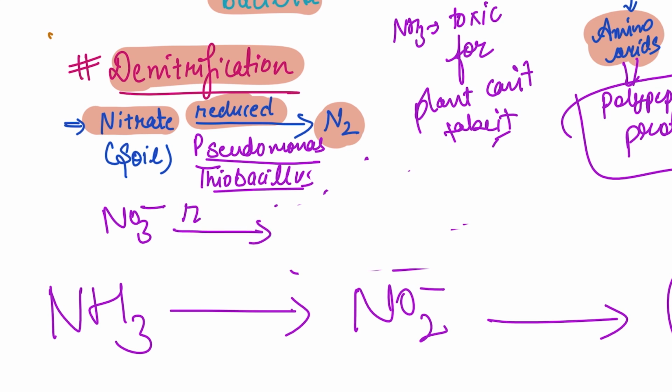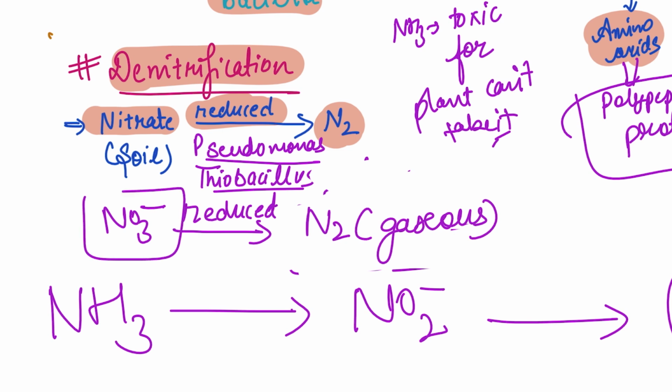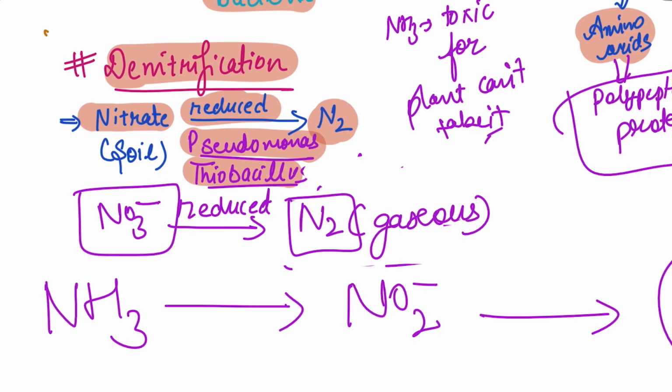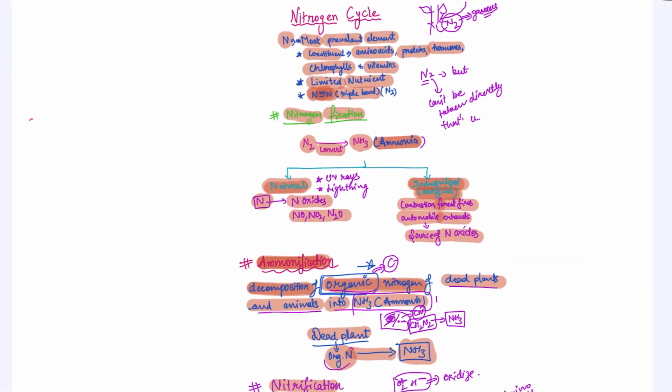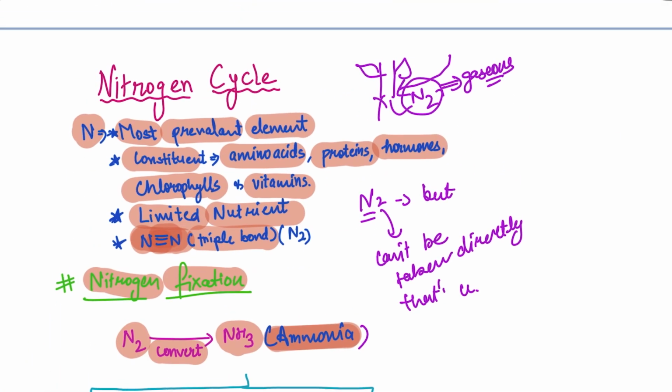That's why it is called reduced to nitrogen gaseous form, and that's why it is called denitrification. Here the nitrate form is reduced back to nitrogen gaseous form. This is called denitrification, and the bacteria used are Pseudomonas and Thiobacillus. Okay, so this is the first part of the nitrogen cycle.